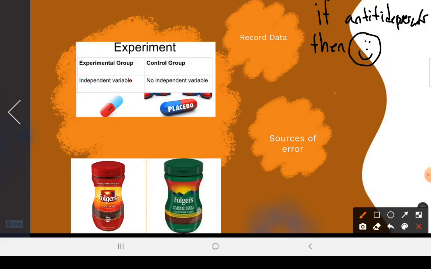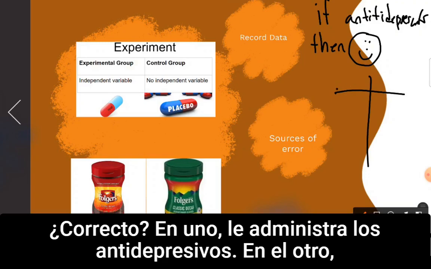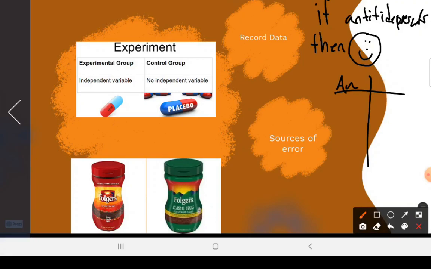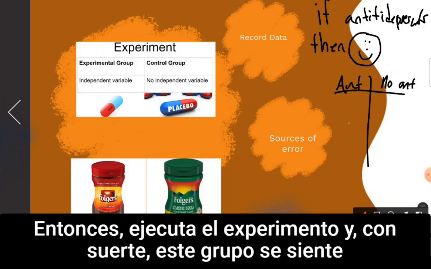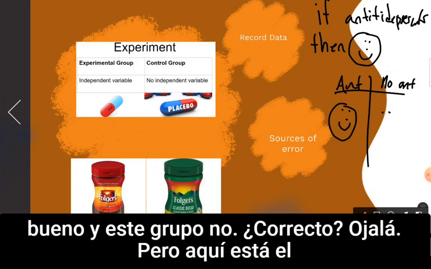It's very obvious. You have two groups, right? And one, you give the antidepressants, and the other, you don't. And so you run the experiment, and hopefully this group feels good, and this group doesn't, right?